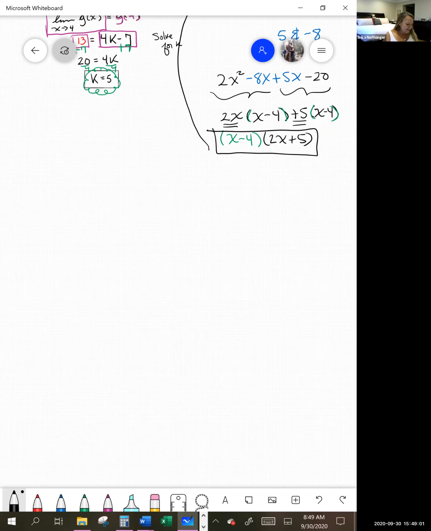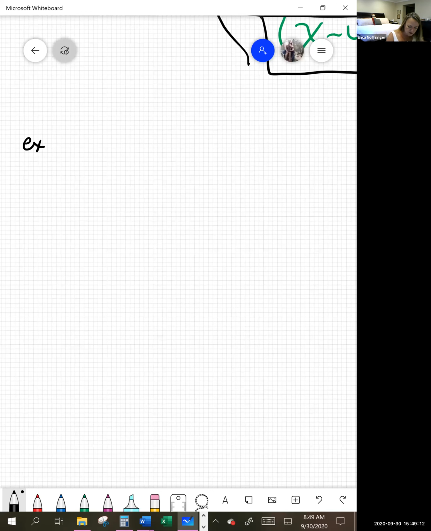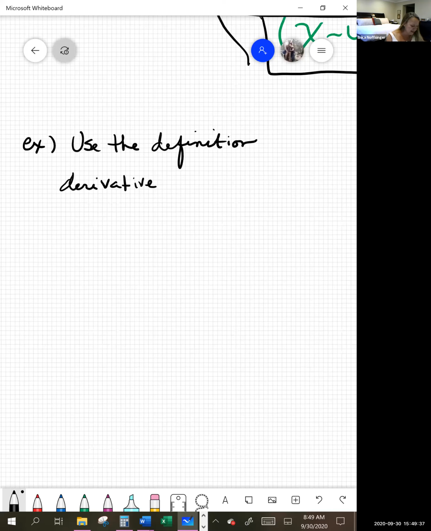Okay, so using the definition of the derivative, here we go. You guys know the faster way right now, so you can use that faster way as a check. But when I test you on this, I will probably test you on doing one of these when you're taking it, when I say in class via Zoom.